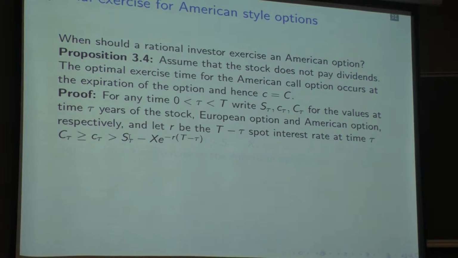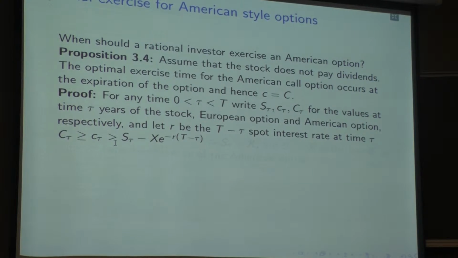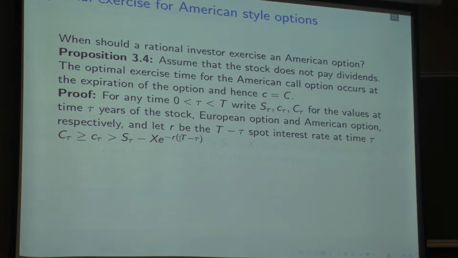One of them gives you a lower bound for the price of a European call option at any time. But notice that now I have to replace what we had here before. Before we were doing things at time 0, and what we had here was time to expiration. When we're now standing at time tau, the time to expiration is t minus tau.